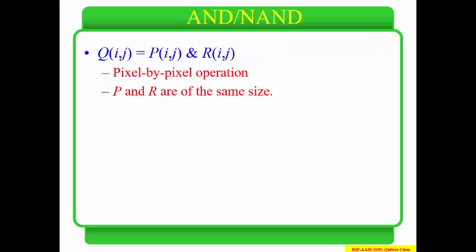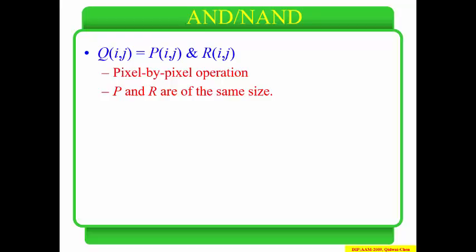And in this slide, we have the other type of operation, which corresponds to the logic operators, that we will see examples of, inshallah, next lecture. Here, the ampersand means that I will make an AND operation between each two corresponding pixels. So you will have a pixel by pixel operation. The images are of the same size, of course.